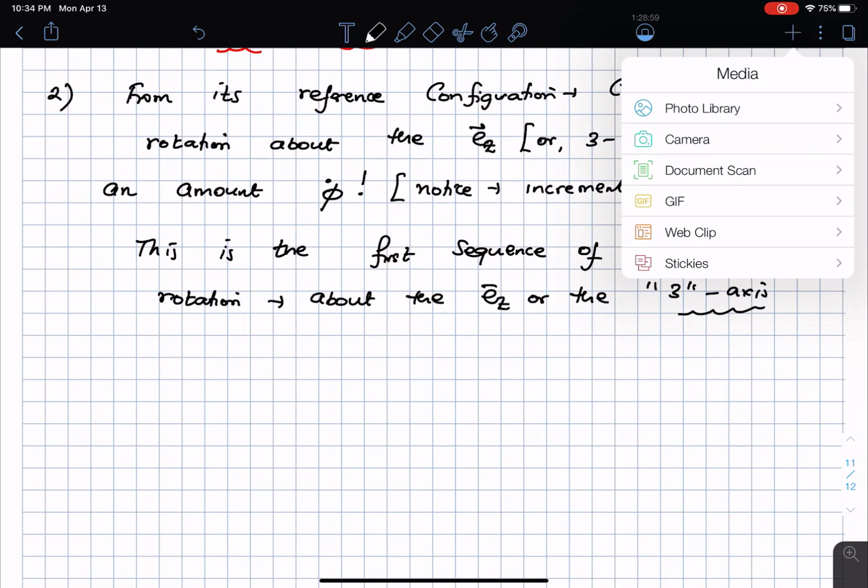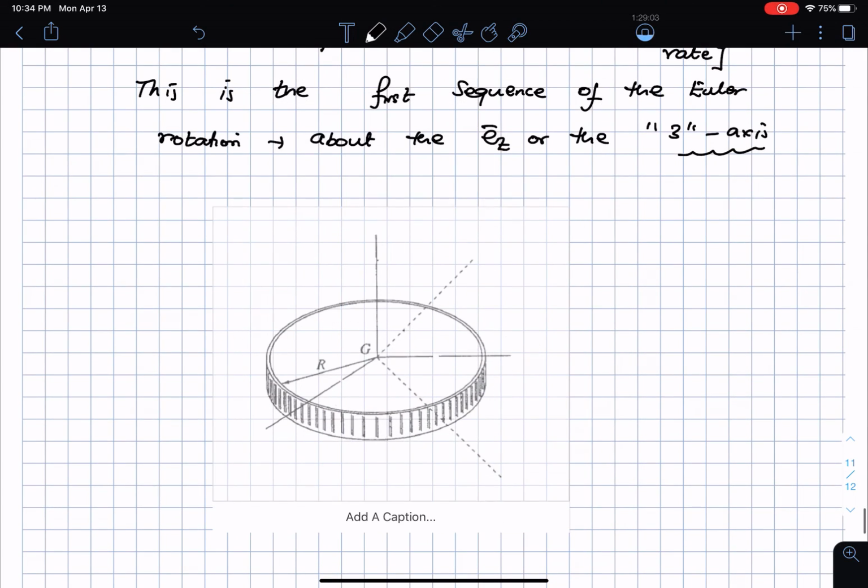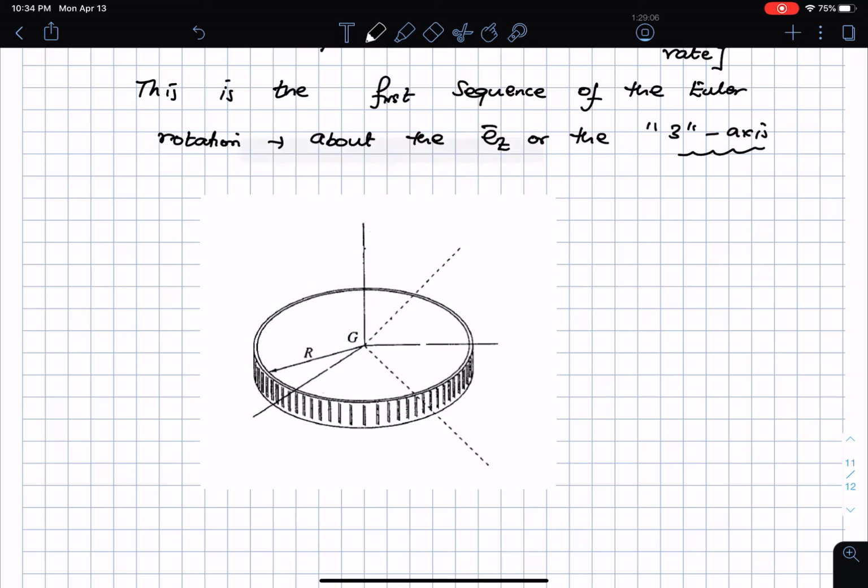I'm going to bring in my figure once again. Now from our previous labels, this was EZ, this was EY, EX, and this was EY. And now what I'm saying is that this coin is given a rotation about the Z axis, and the rate is phi dot.